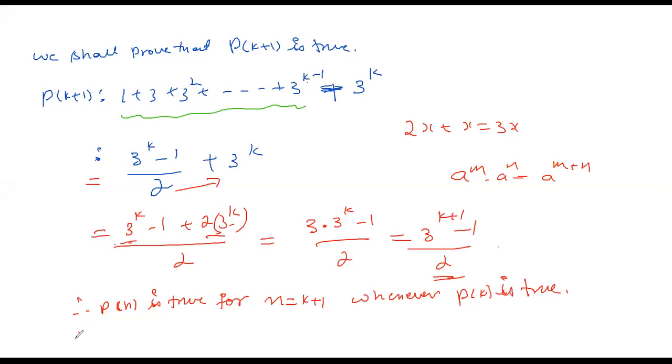Don't get confused. The final conclusion, by using PMI, is that P of n is true for all natural numbers, capital N. That's all. Confirm, this is a 5 marks question.